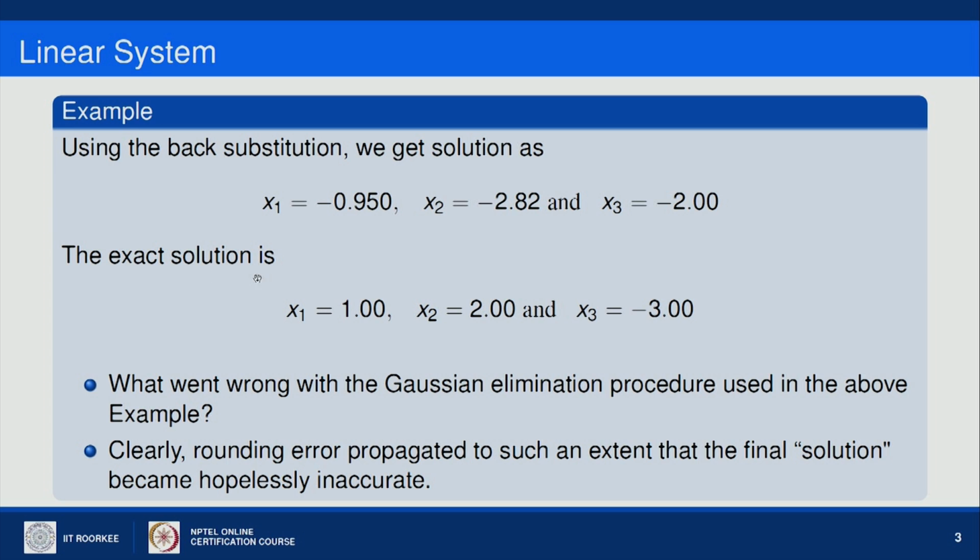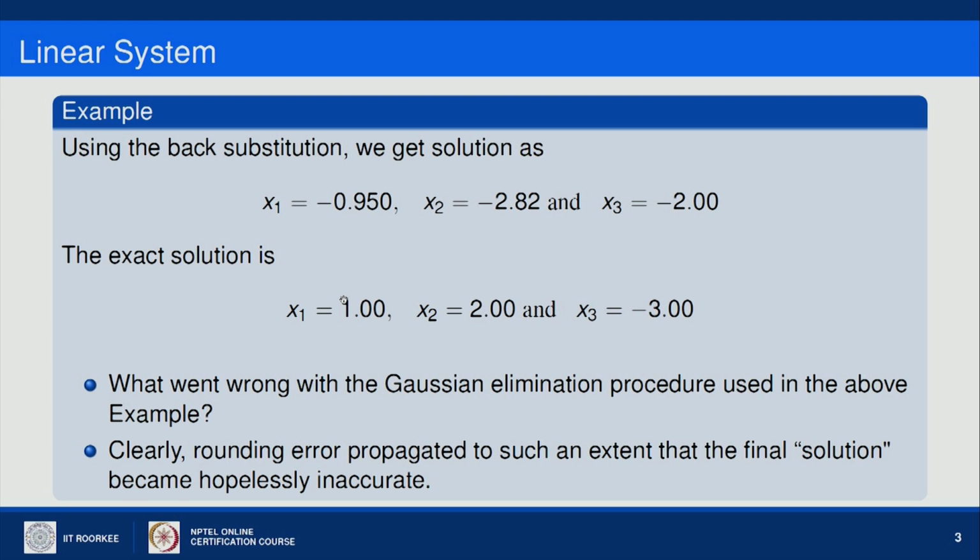However, the exact solution is x1 equals 1, x2 equals 2 and x3 equals minus 3. So, basically there is a big difference in these two solutions, one which we obtained using the Gaussian elimination method and the other one which is the true solution.